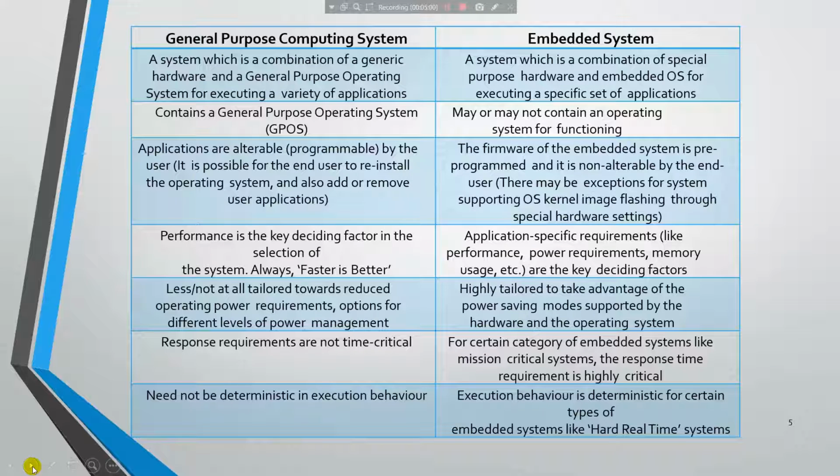In an embedded system we can have only one specific purpose hardware and its OS. But in general purpose we can install n number of OSs. On top of your OS you can have n number of applications, like your smartphones. You can go to the Play Store, install some software onto the OS and run it. That comes under general purpose.